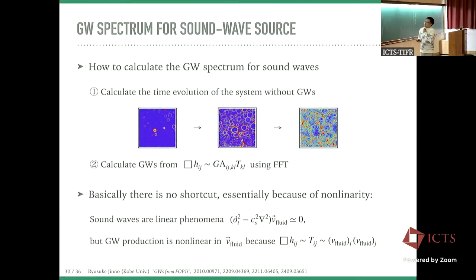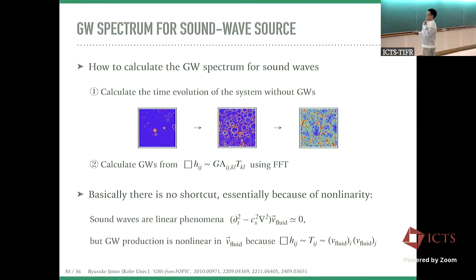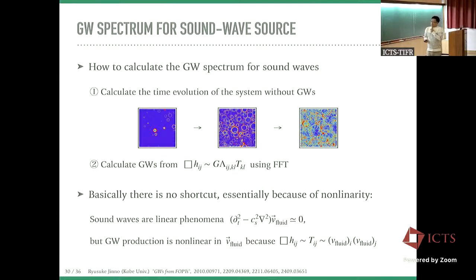Sound waves are linear phenomena: the time derivative squared minus sound speed squared times the spatial derivative squared of the fluid velocity is 0. But in terms of gravitational wave production, this is nonlinear because the gravitational wave field h_ij is sourced by the energy momentum tensor, which has velocity times velocity.